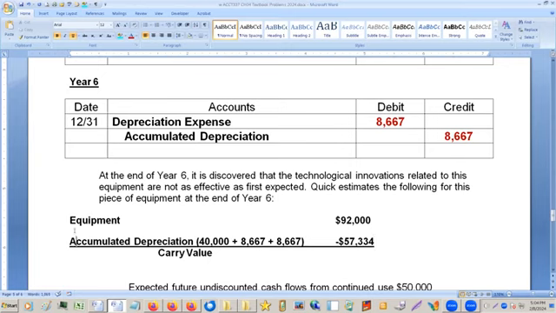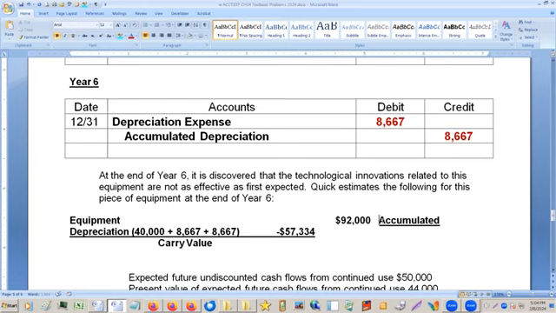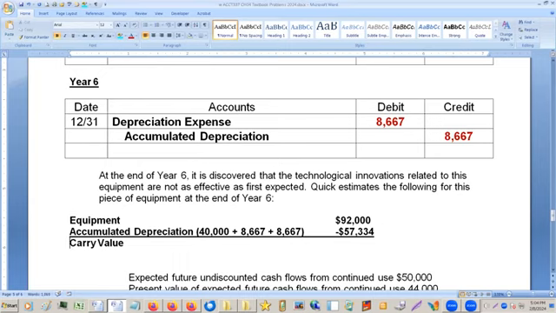All right. So our new carry value is $34,666.